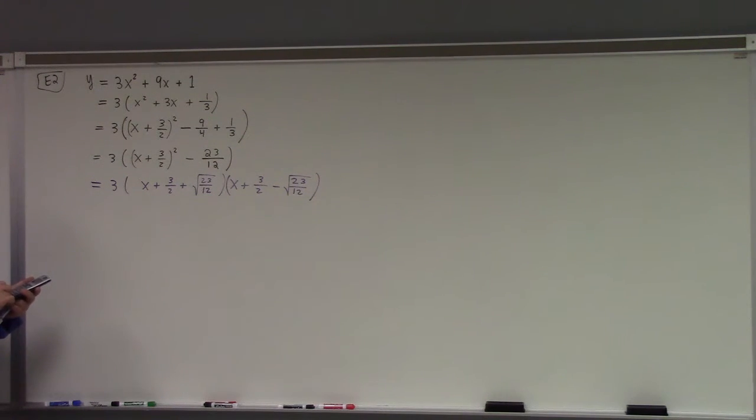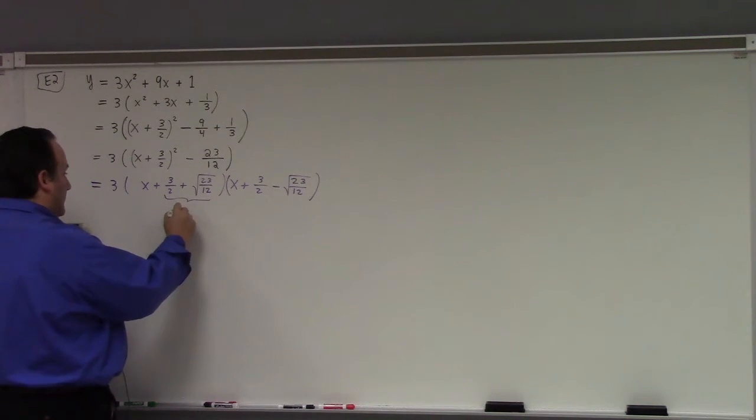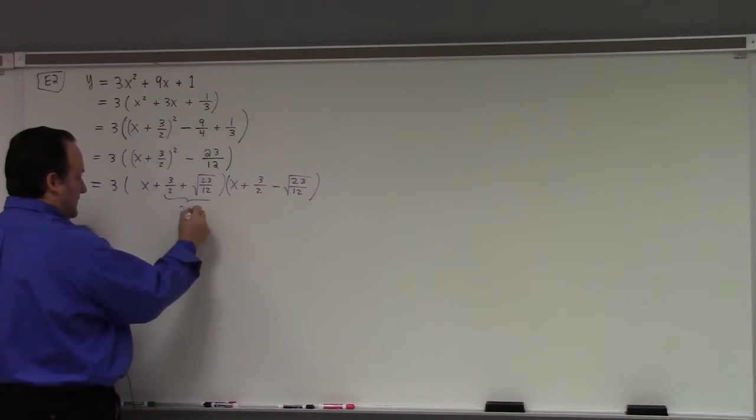So 1.38 plus 1.5, which is 3/2, of course, is roughly speaking 2.88-ish.